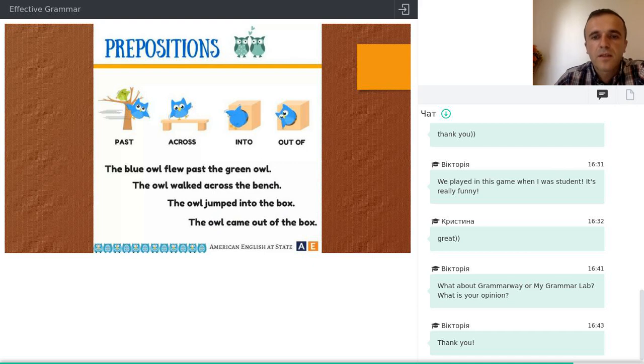So here is the example of prepositions. Also, you see an owl on the tree, and here the owl is going across. There are even sentences like: the blue owl flew past the green owl.